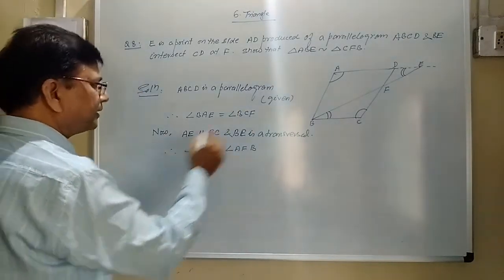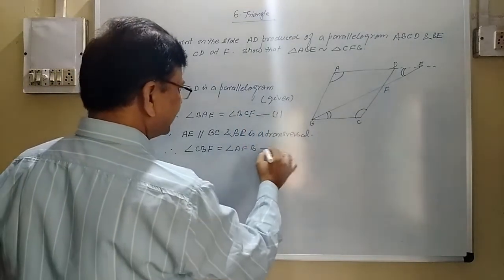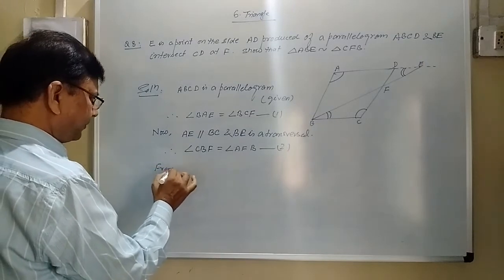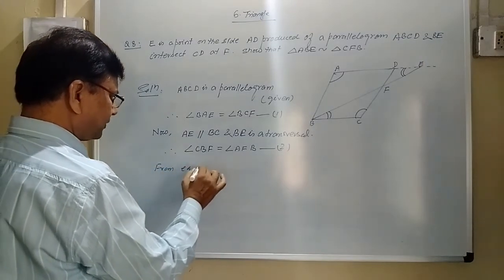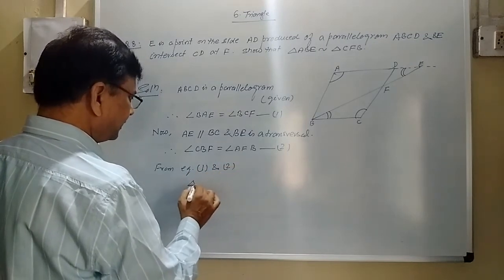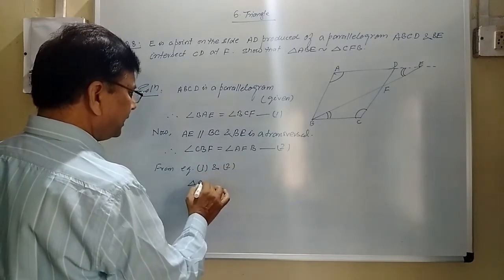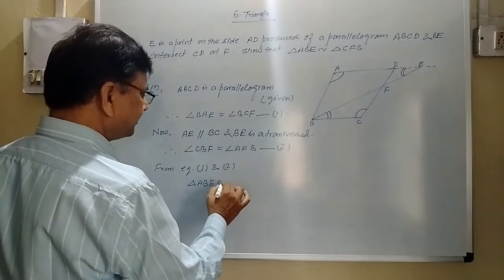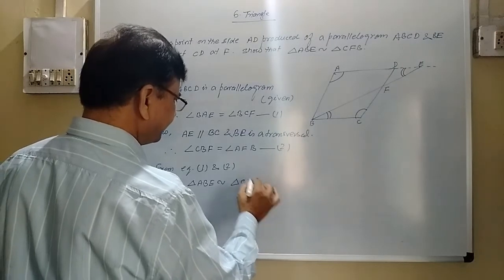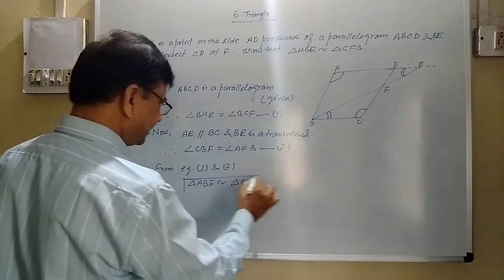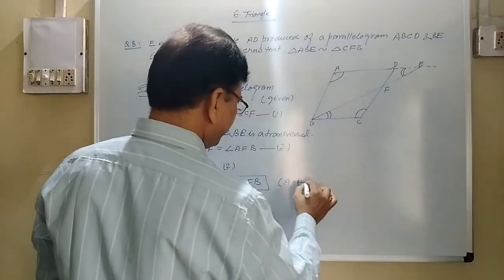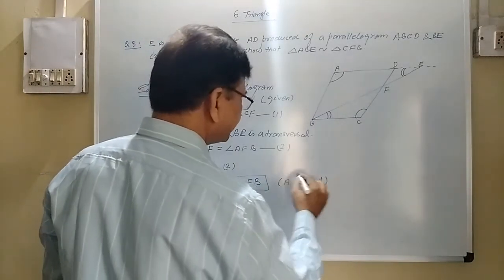Now, this is equation 1, this is equation 2. From equations 1 and 2, triangle ABE is similar to triangle CFB, by the AA test.